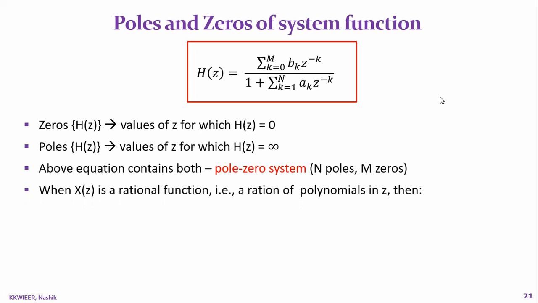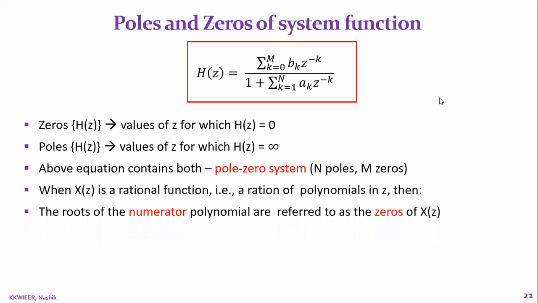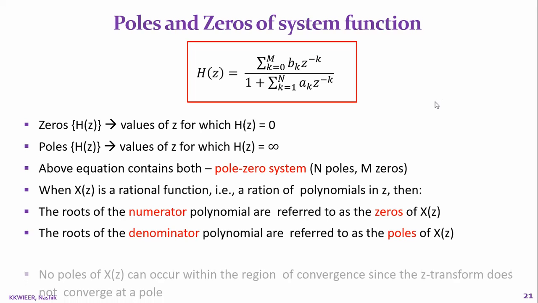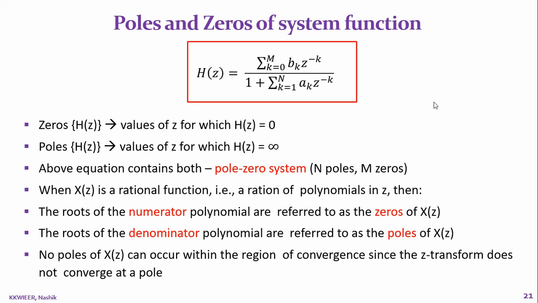When X of z is a rational function, the ratio of polynomials in z, the roots of the numerator polynomial are referred to as the zeros, whereas the roots of the denominator are referred to as the poles. No poles of X of z can occur within the region of convergence, since the Z transform does not converge at poles.